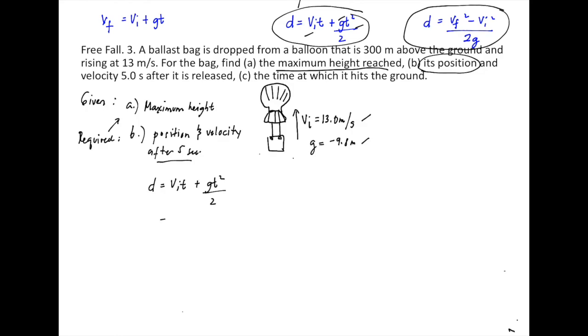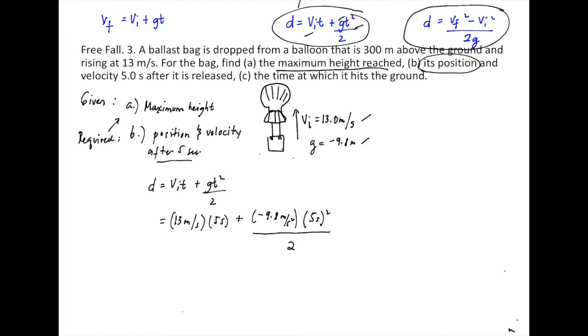And then therefore we could have now the initial velocity, which is 13 meter per second, multiplied to time, which is 5 seconds, plus gt square. We have here negative 9.8 meter per second square, multiplied to time, which is 5 seconds square, and then divided by 2.